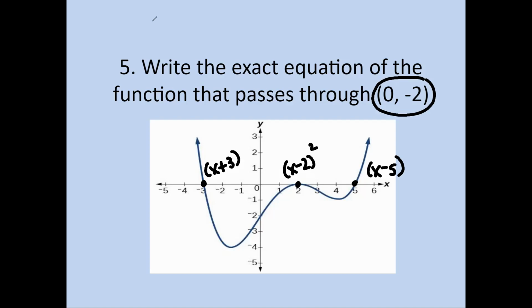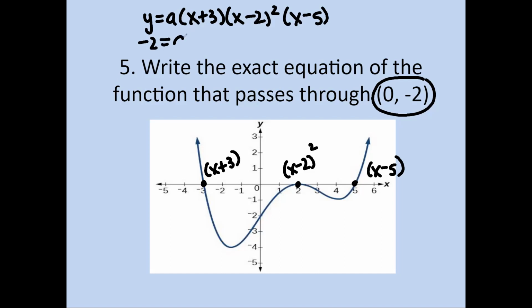So I'm going to have y is equal to a times x plus 3 times x minus 2 squared times x minus 5. And I'm going to put 0 in for x and -2 in for y. So I get -2 is equal to a times 0 plus 3 times 0 minus 2 squared times 0 minus 5.